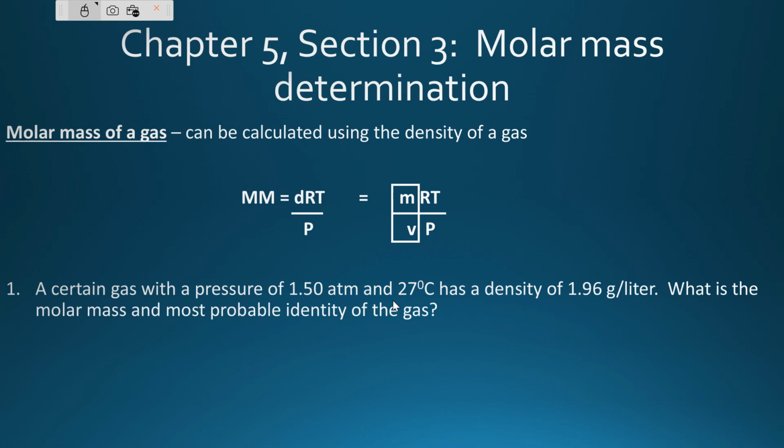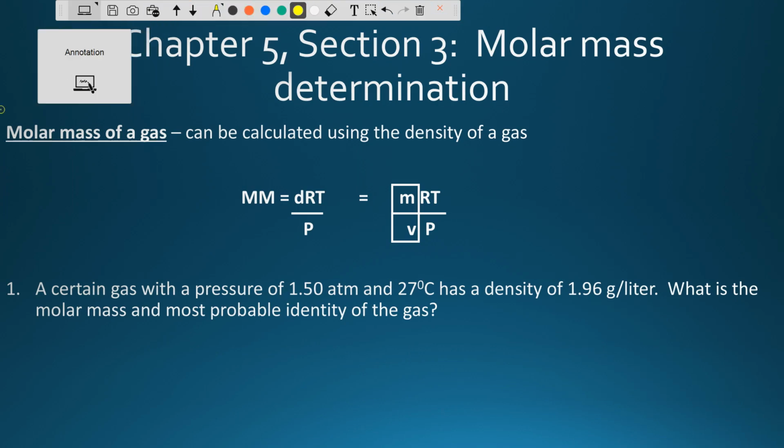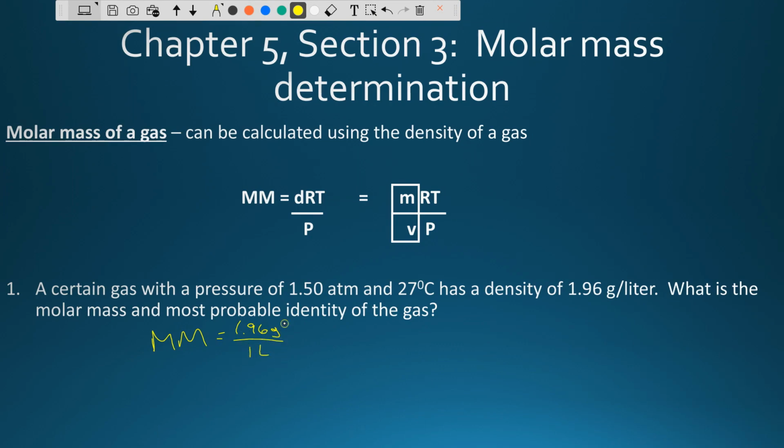Okay, so let's take a look at how this works. I see that my molar mass is what we're going to be solving for. The density is mass over volume, so I have 1.96 grams per liter. That's my density part.